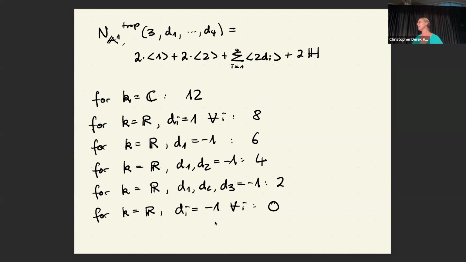And if I set all the di's to -1, then in that special case, the Belgian invariant is actually 0. So if I have 4 pairs of complex conjugate points and discuss the real curves through them with Belgian sign, that is just 0. And this one expression here knows all of those numbers. It's a simultaneous way to describe all those counting problems, which I really find very nice.